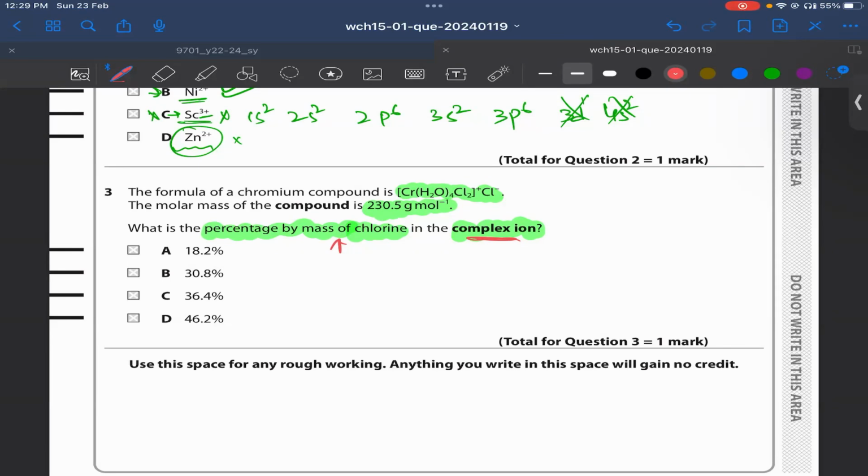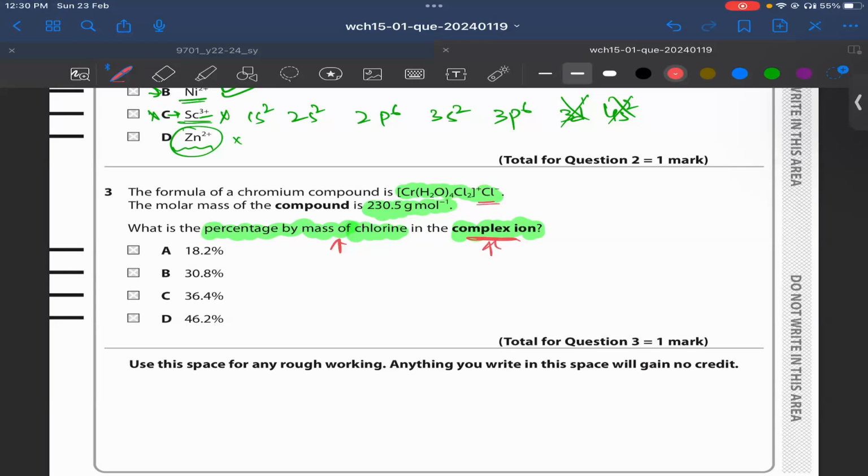So we will subtract the molar mass of the chloride ion from the molar mass of the compound first, and then multiply by two chlorine atoms and find the percentage. Yes, this is 36.4. They have asked us the percentage by mass of chlorine in the complex ion.